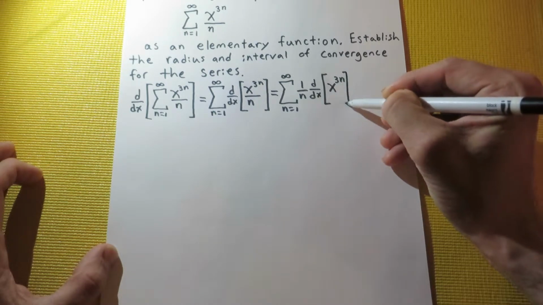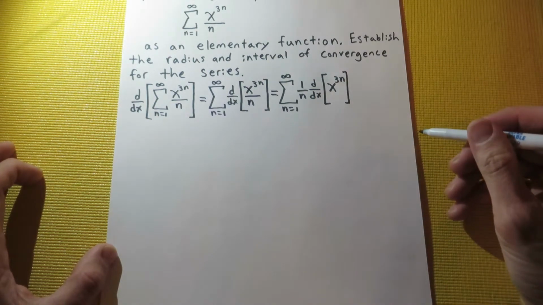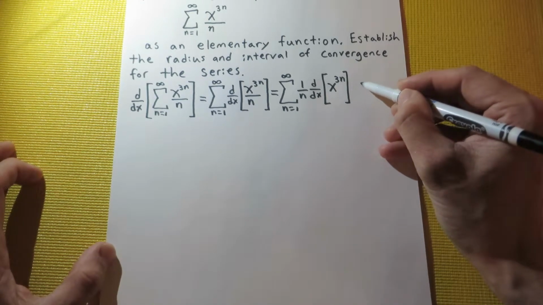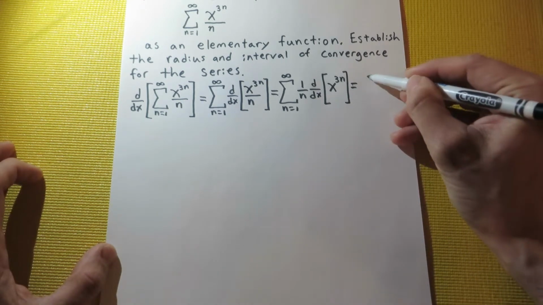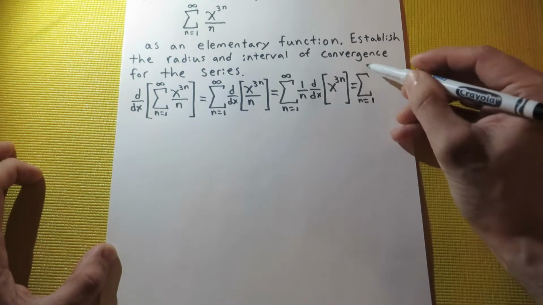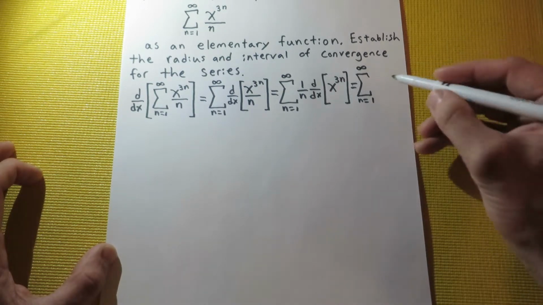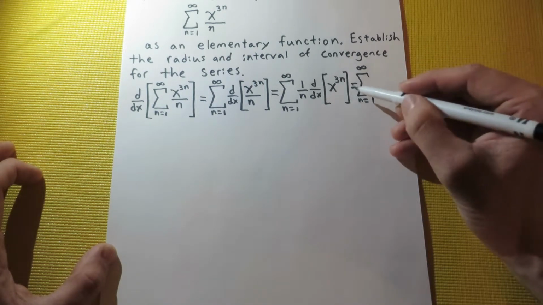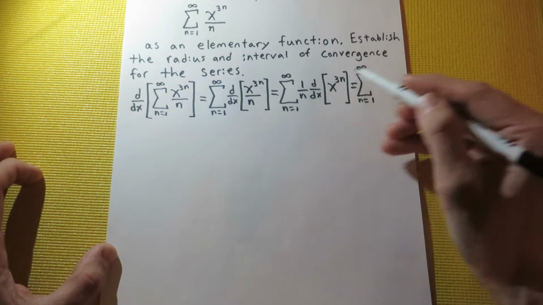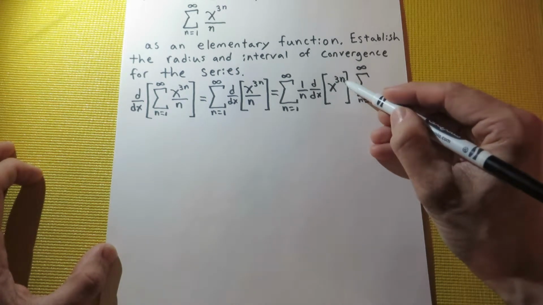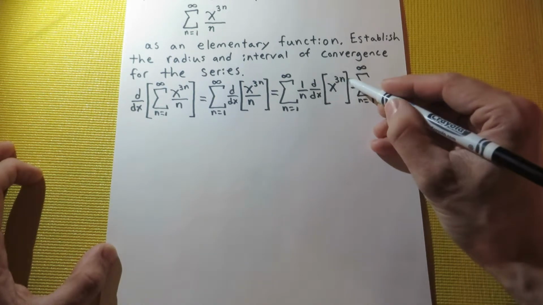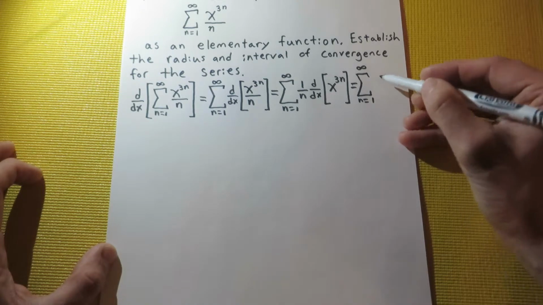Well, we know how to do this. This is just going to give us our sum from n equals 1 to infinity of 3n over n. So this power of 3n here, I'm just going to pull it out front, and then we'll subtract 1 from all of this.